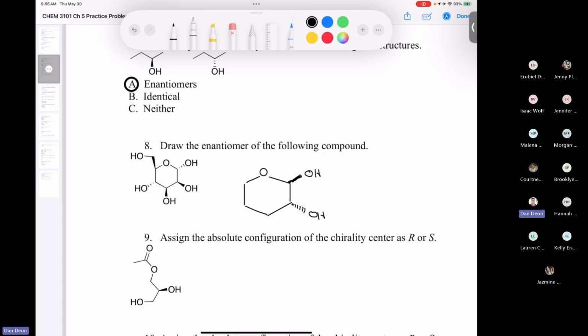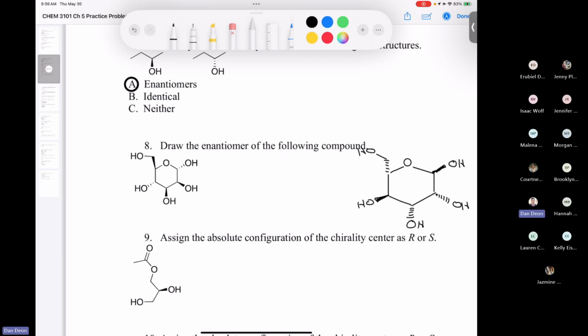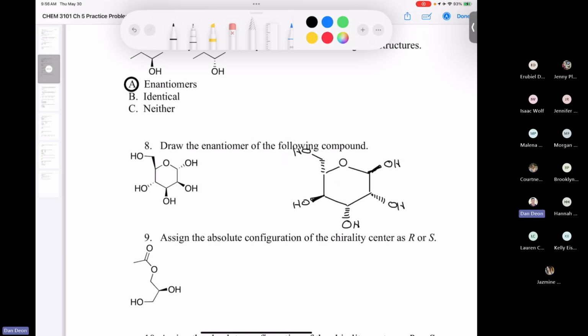Oh, jeepers, I'm running out of space already. This wedge to a dash, this dash to a wedge, like that. And the last one is going to be a dash. There you go. Maybe I'll move this a little bit. Anyhow, there you go. So that's the enantiomer.